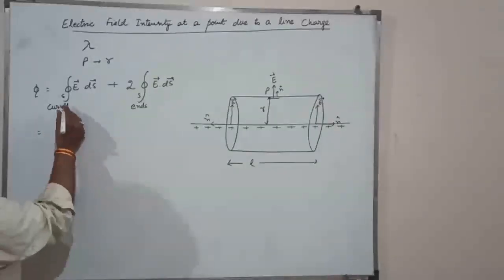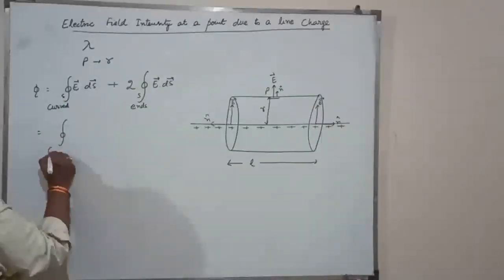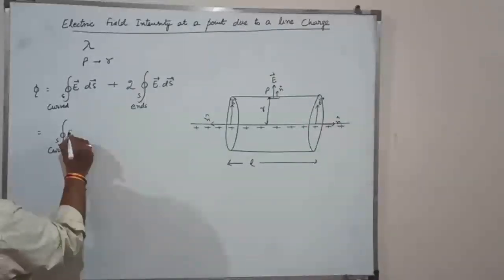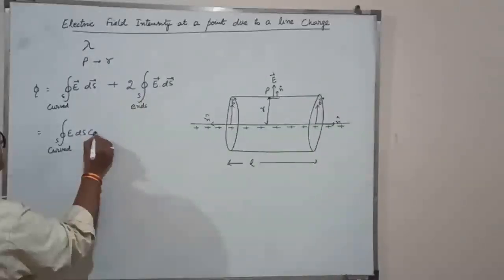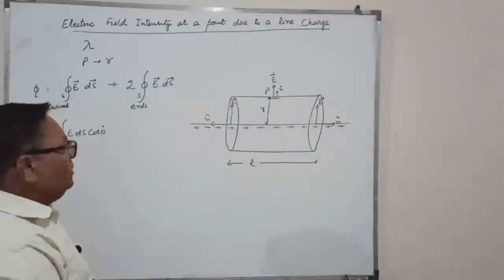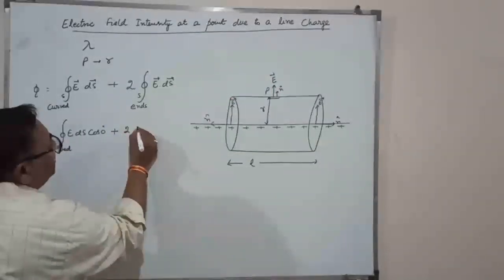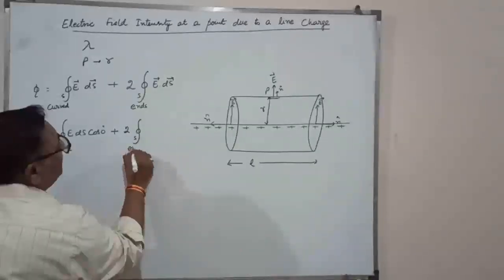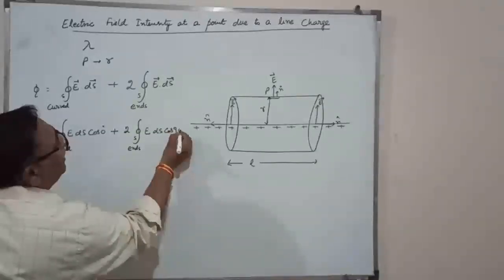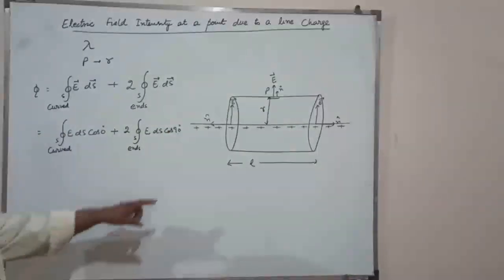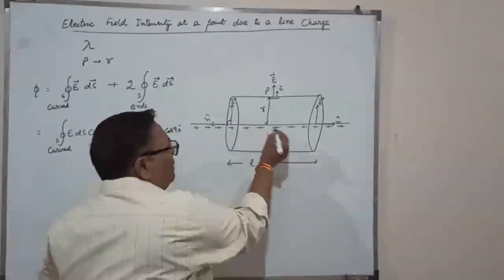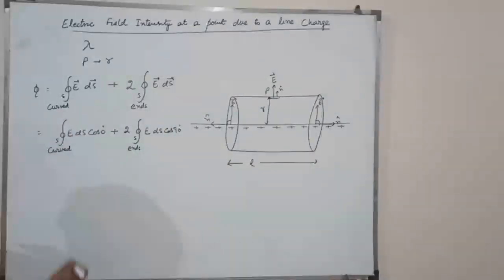Now for the curved surface, E ds cos 0, because E and ds both are parallel to each other, and for the two ends, E ds cos 90, because ds and E both are perpendicular to each other. Clear?